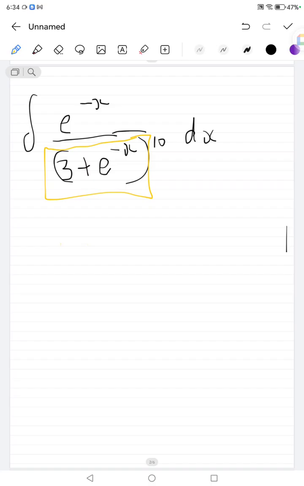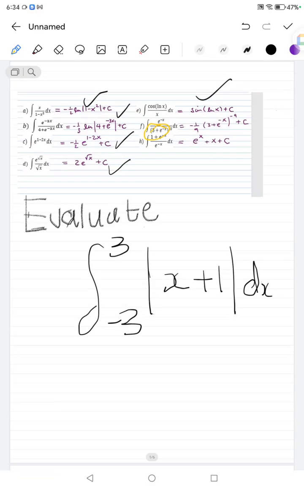Because if you look at them carefully, this one is similar to that one. If I'm going to be differentiating one, which one can bring me to the other one?